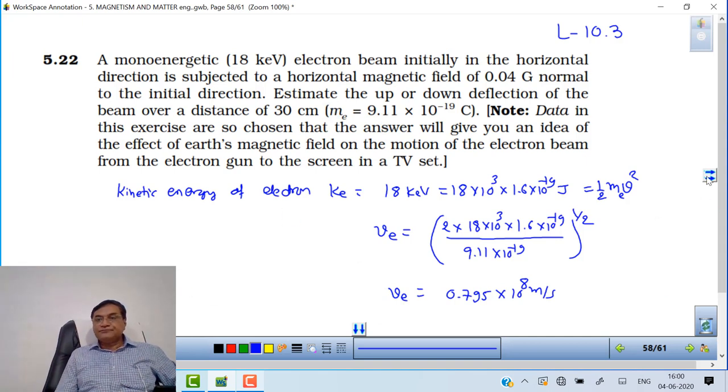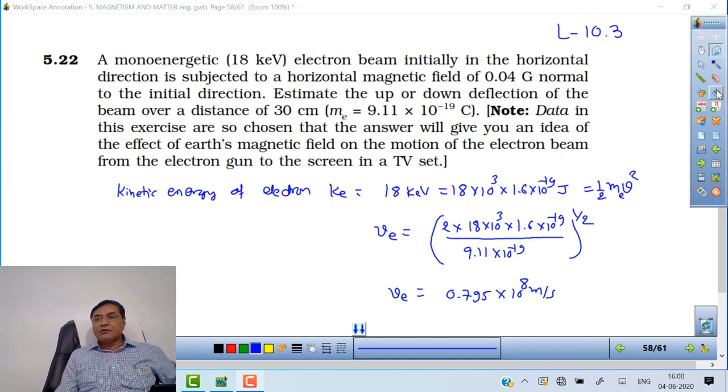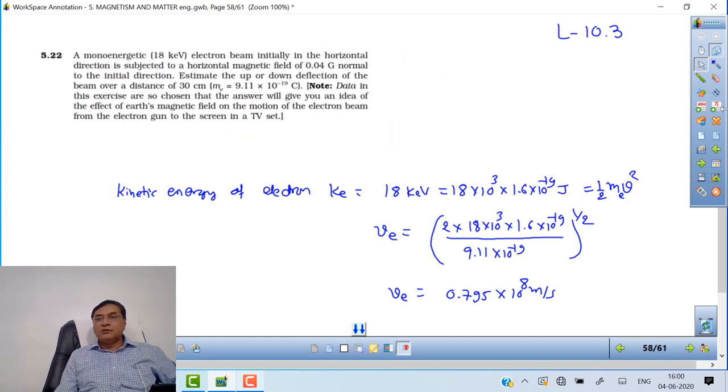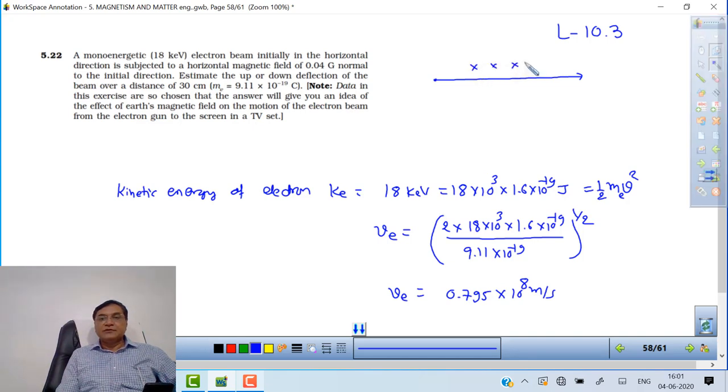So we can draw a figure. This electron beam is going, and the magnetic field is, I suppose, inward. Because of this magnetic field there is a force on the beam.